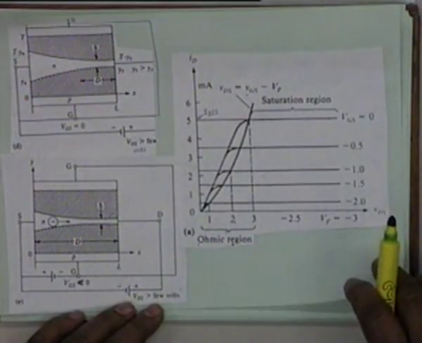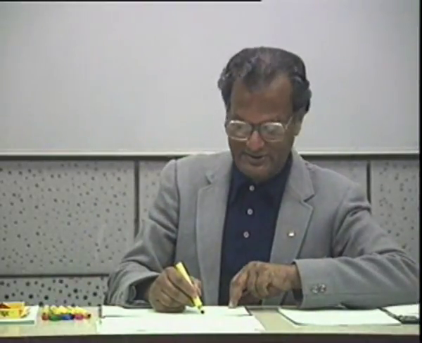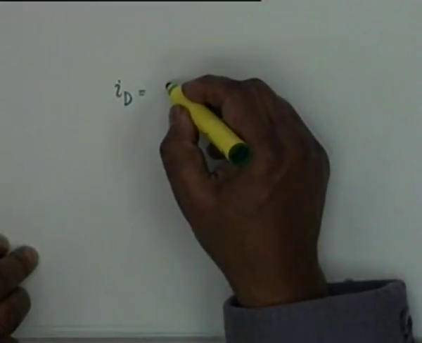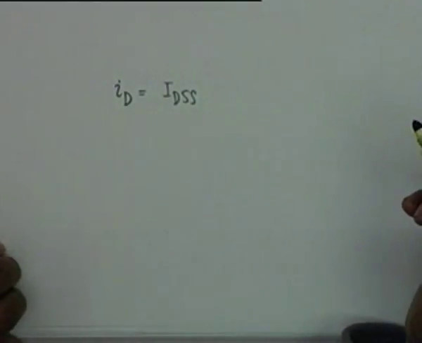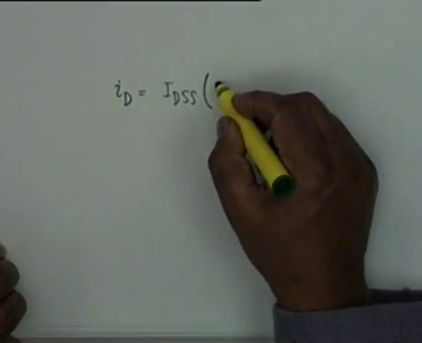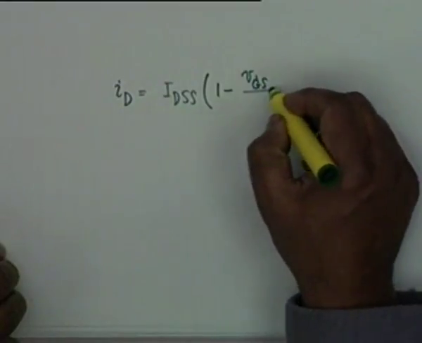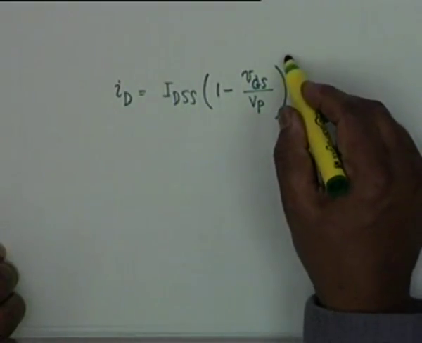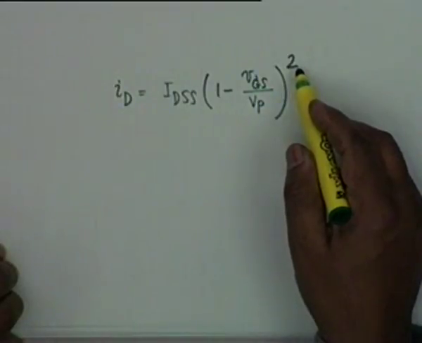In fact, the current voltage relationship for an FET, considering a junction FET, is ID equal to IDSS, that is the saturation value, multiplied by 1 minus VGS divided by VP, where VP is the pinch off voltage, squared, and this is what gives the non-linearity.